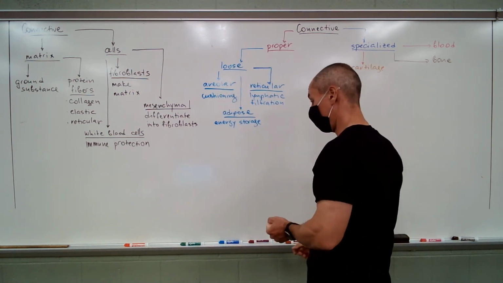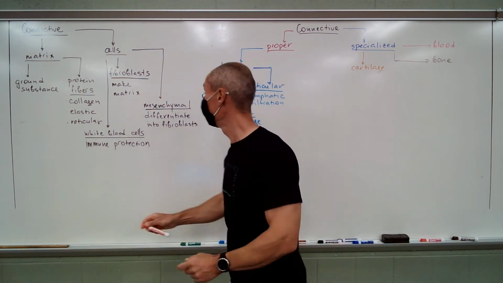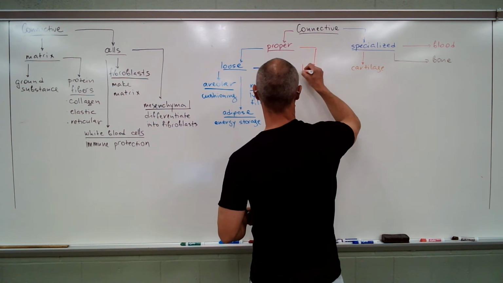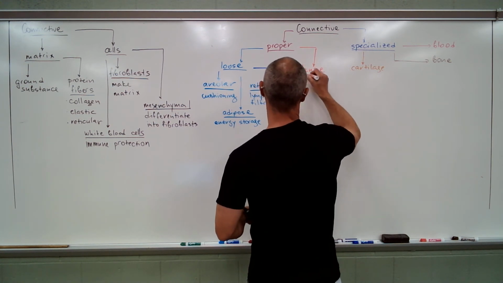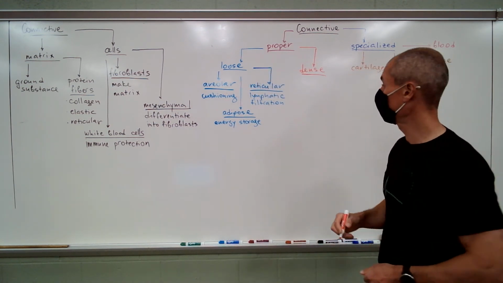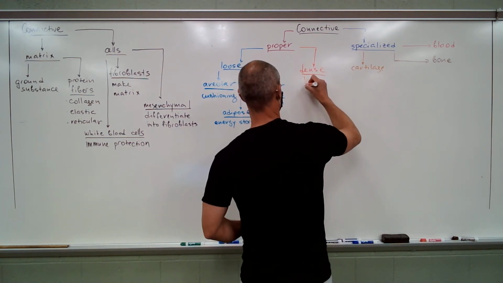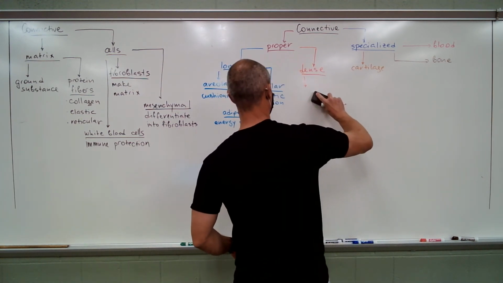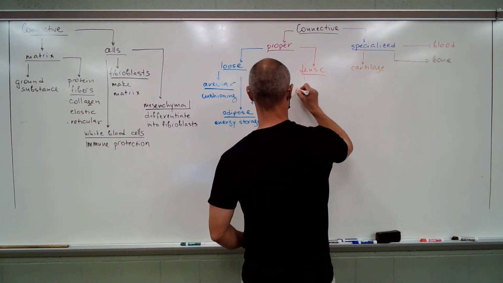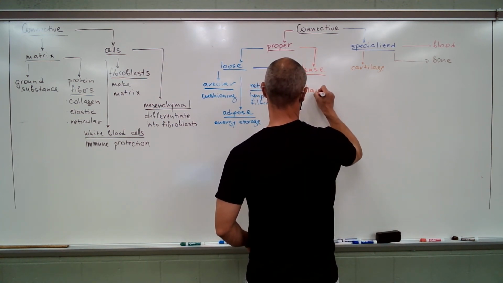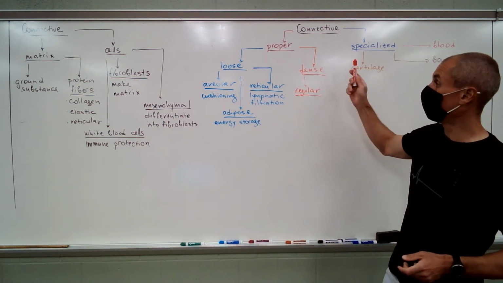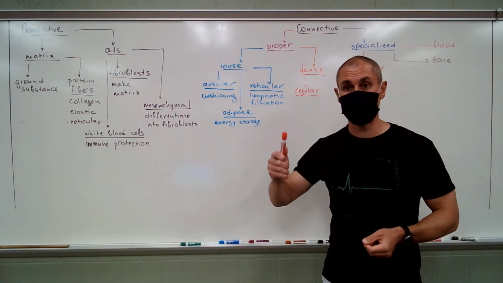Now, once we have loose, we gotta have dense. Also 3 types. Dense regular connective tissue. So why is this tissue dense?